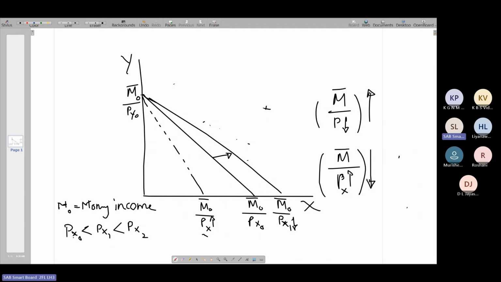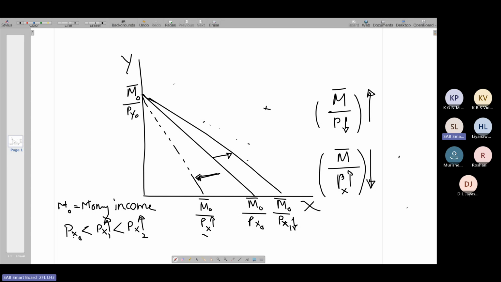This is a rise in price, so real income decreases, and he can consume less of product X, and sometimes a higher combination of product Y. Since we are looking at the particular product X axis, consumption is reduced, then it shifts or rotates to the left.